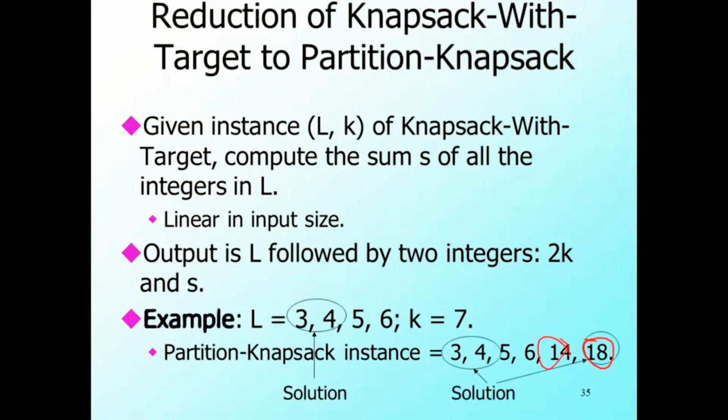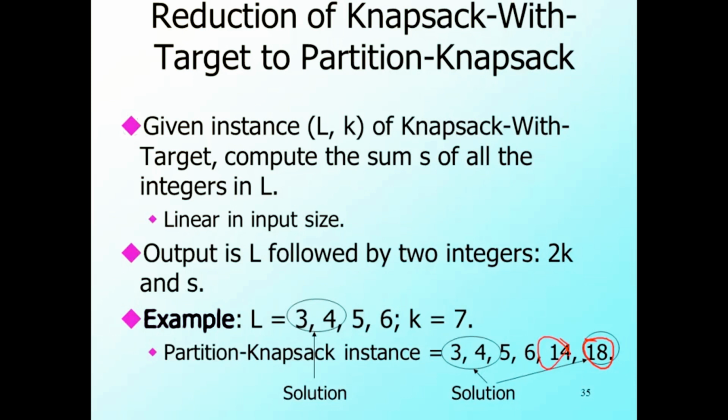The output instance of partition knapsack also has a solution. Take the integers in the solution to the input instance, that is 3 and 4, and include the last integer, the sum of all the integers on list L. Notice that both the selected integers 3, 4, and 18 and the unselected integers 5, 6, and 14 sum to 25, which means we have a solution to partition knapsack.